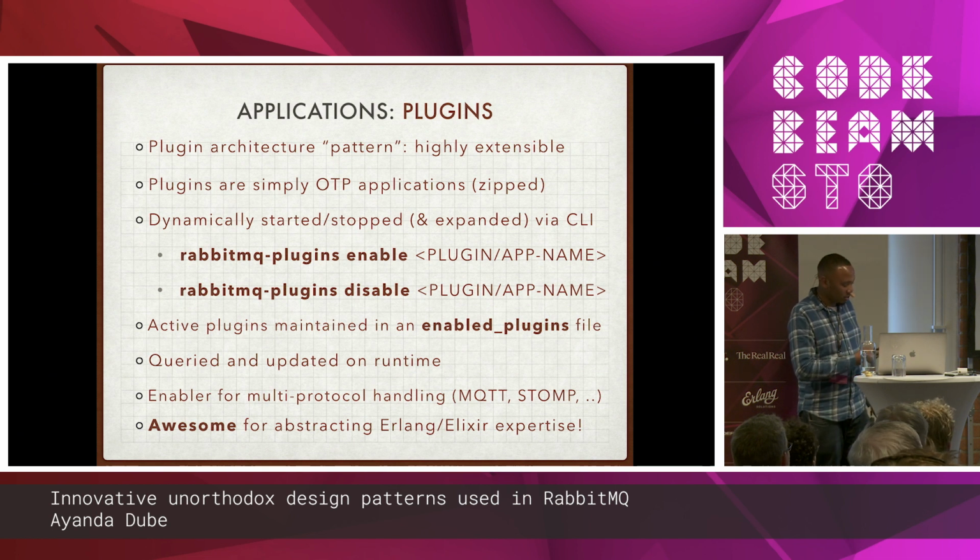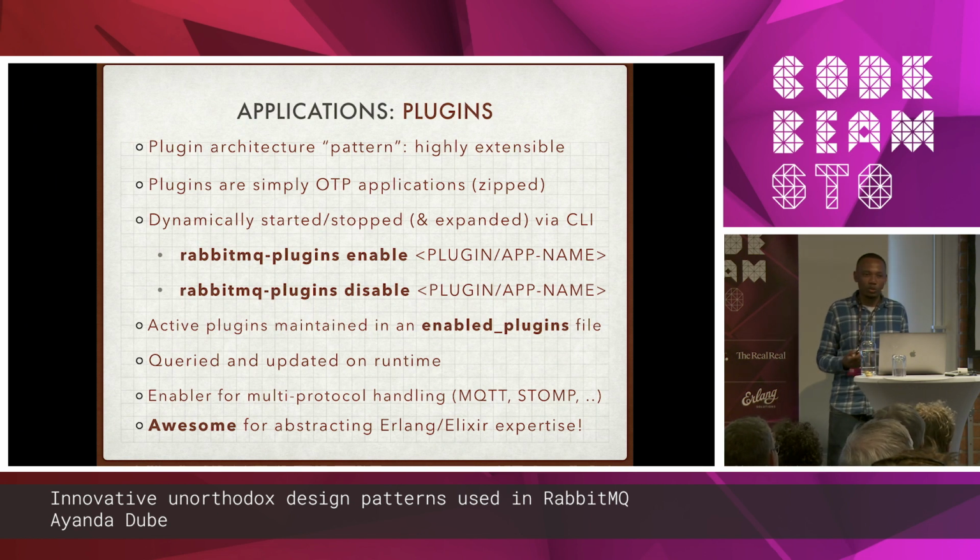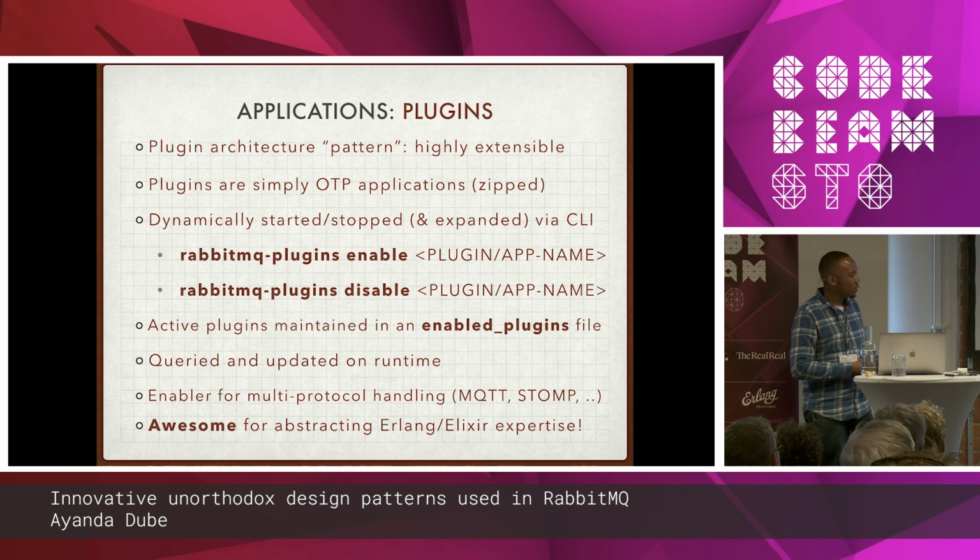Through plugins in Rabbit, we get multiple protocols supported, right? And it's funny because users don't really understand what's going on. They just say, oh, I enabled this plugin, right? But under the hood, it's an OTP application that's been started. So you can also take the same concept on in terms of the architecture in building highly extensible systems, right?